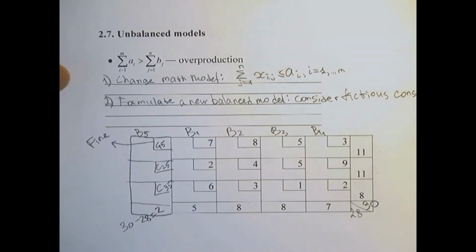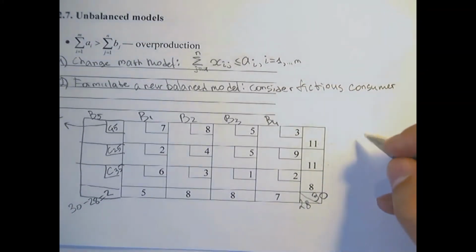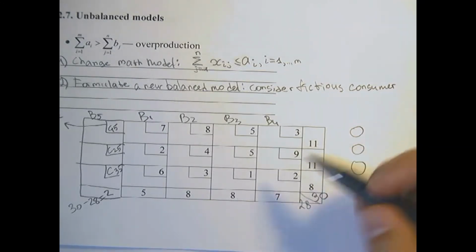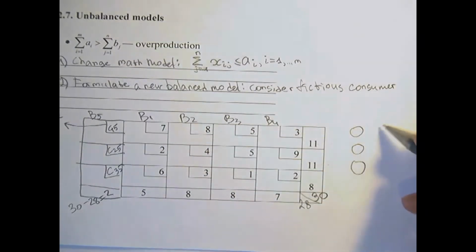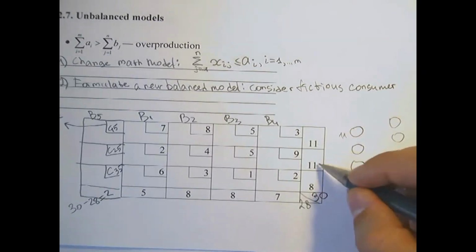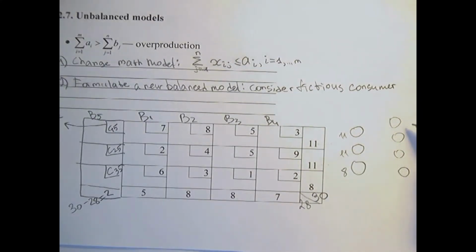If we consider a network, at the beginning we have 3 suppliers and 4 customers. Supply volume for the first supplier is 11, for the second 11, for the last 8, and customer demand is 5 for the first, 8 for the second, 8 for the third, and 7 for the last.